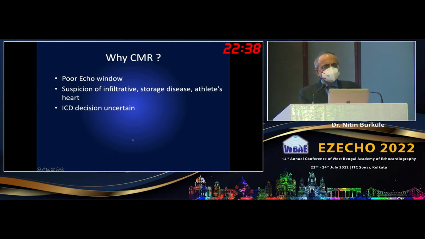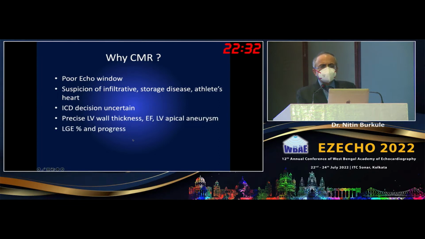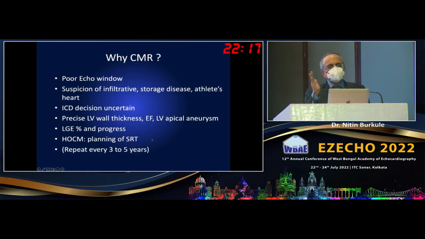When the ICD decision is very uncertain on these risk factors, if you want a precise LV thickness, precise EF and picking up the LV apical aneurysm, and then lower in the hierarchy is the late gadolinium enhancement and its progress. And if your center is doing septal reduction surgery, having an MRI may be much easier, because the surgeon can understand the extent of hypertrophy and the amount of resection that he wants to do. One can repeat it every 3 to 5 yearly.